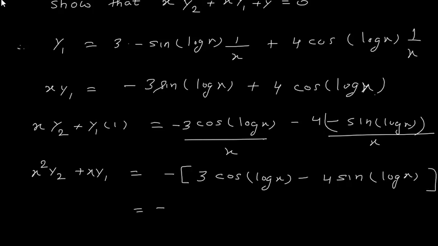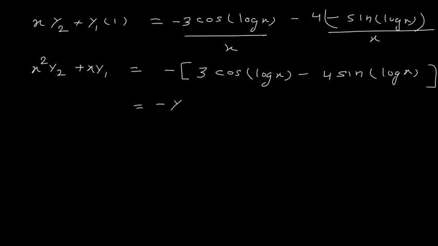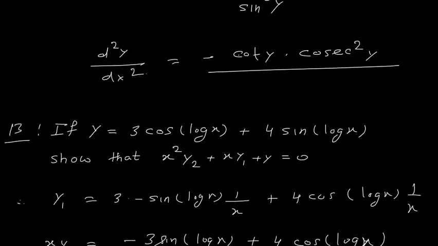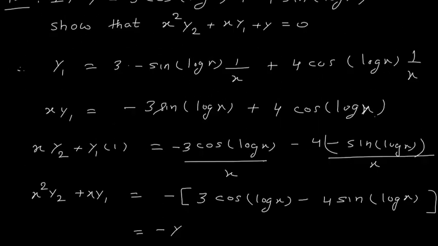So this is equal to minus y. Therefore now I will say that x square y2 plus x y1 plus y is equal to 0. x square y2 plus x y1 plus y equal to 0 is what we have to prove. So hence proved.